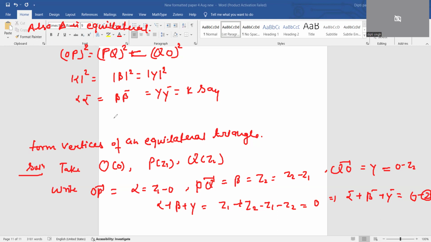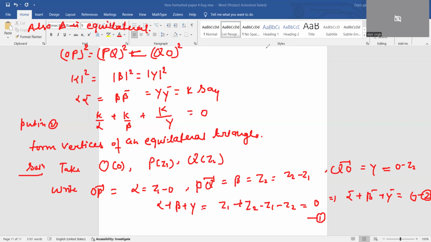So from here we get alpha bar is K upon alpha. So K upon alpha plus K upon beta plus K upon gamma. Just put the value in this equation where we write alpha plus beta plus gamma equals 0. We get this equal 0.